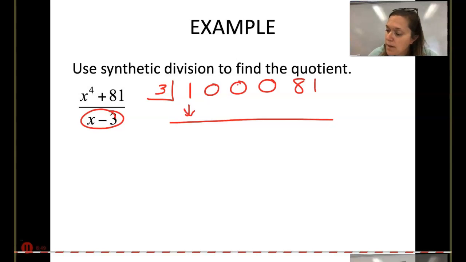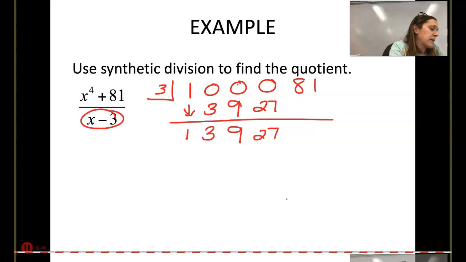All right, bring down the 1. 3 times 1 is 3. Put that underneath the first 0. Adding gets us 3. 3 times 3 is 9. Put that under the next. Adding gets you 9. 3 times 9 is 27. Adding gets you 27. I'll use my calculator on this. 27 times 3 is 81. Positive 81. So adding gets us 162.